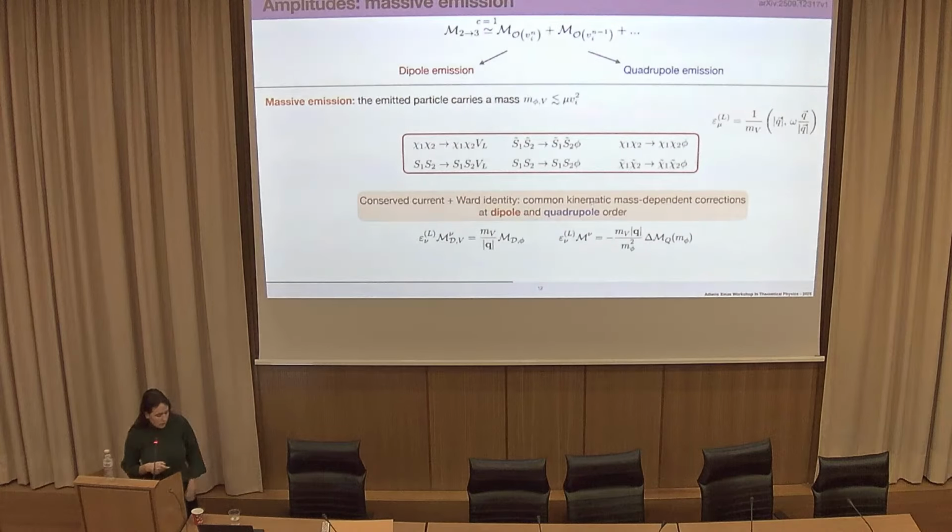And we also found a really nice relation between this longitudinal component of the emission amplitude for vector emission and the component of the scalar emission, both for fermionic and scalar dark matter, which is that there is some common kinematic mass-dependent correction in both cases that appears both at dipole and quadrupole order.